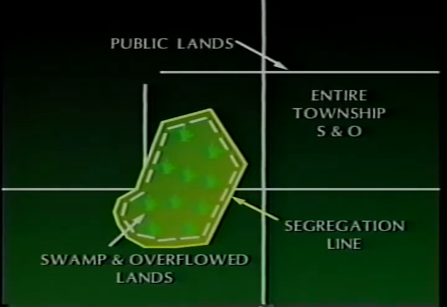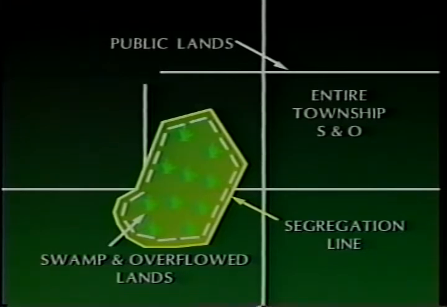First, if an entire township, that is a township of land which contains 36 square miles, or even 3/4 of the township was considered swamp and overflowed lands, that is, it was land which could not be cultivated without some sort of reclamation or drainage work, then the entire township was considered to be swamp and overflowed lands.